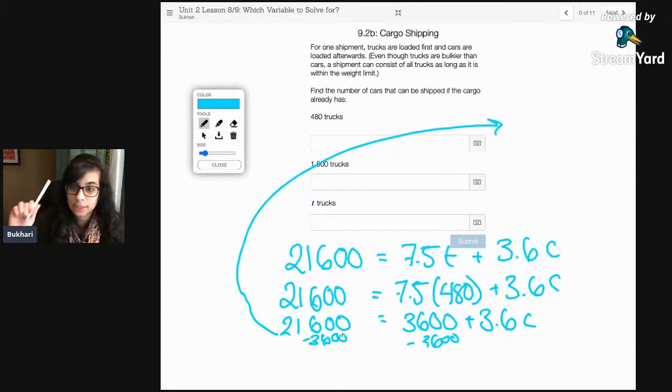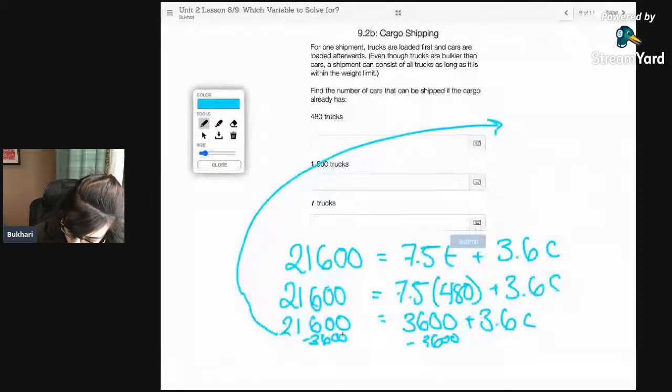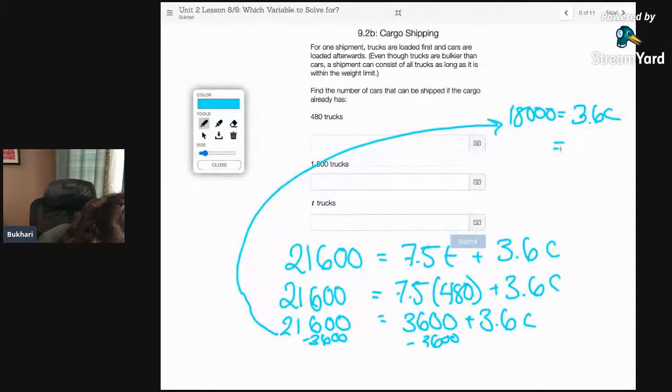Remember what we talked about, the goal now is to figure out what C is. So how can we solve for that variable? 21,600 subtracted by 3,600 gives me 18,000, which is equal to 3.6 C. And to solve for C, the opposite operation of multiplication is division.